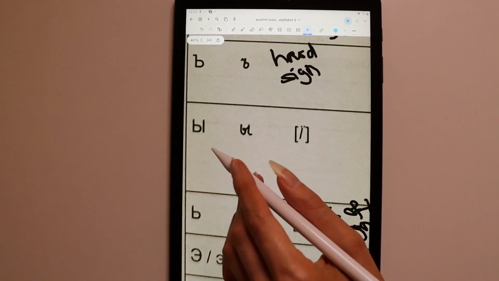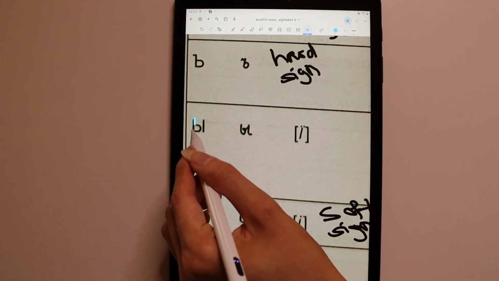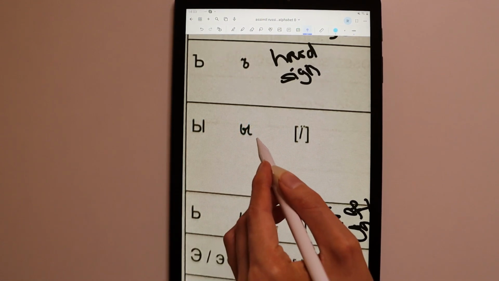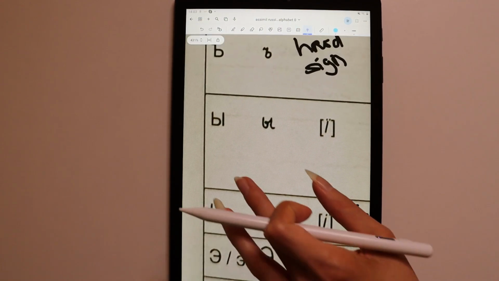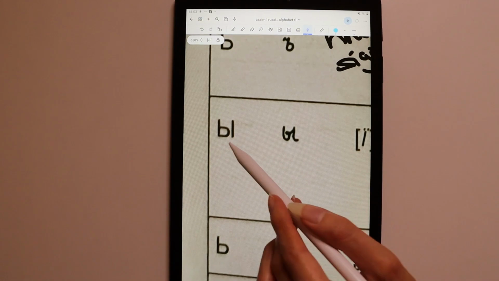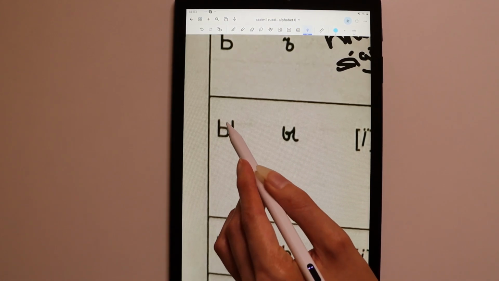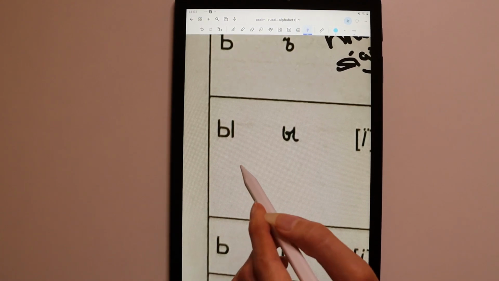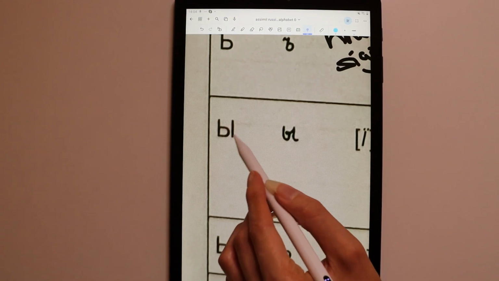But first of all, we have the U. Again, you see how the cursive form is similar to the block letter form. And this is one letter. Although you see that these two are not connected in the block letter font, this is one letter.